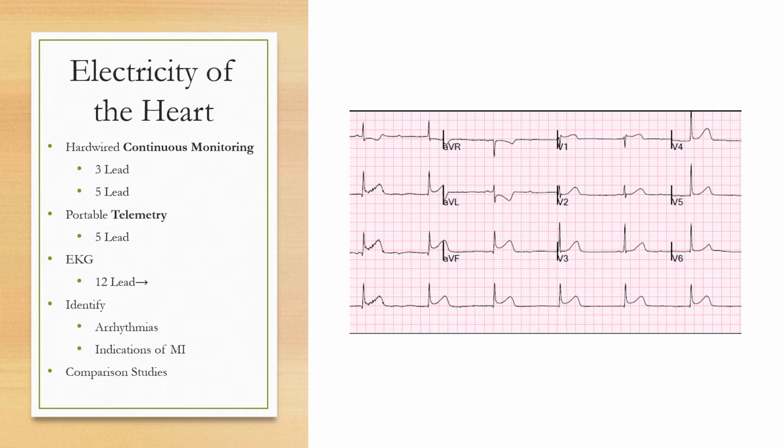The AV node sends the signal of electricity to the bundle of His, and then the left and right bundle branches, and then the Purkinje fibers, and then finally to the myocardium, where it causes a depolarization of the myocardium and results in a contraction, a systolic contraction. Okay? So we'll spend much more time on this in the next module.